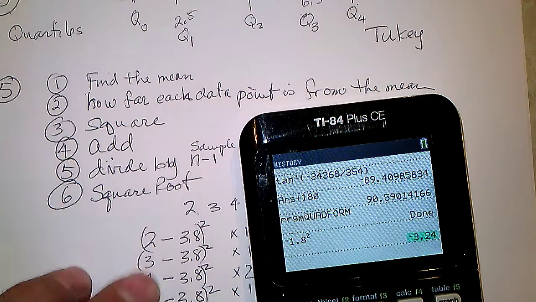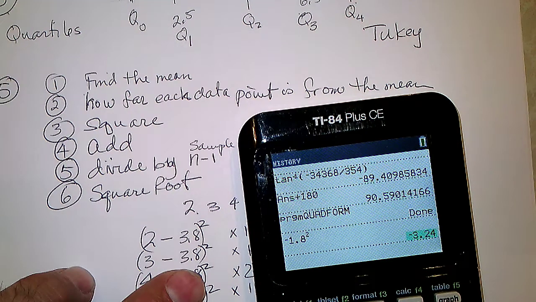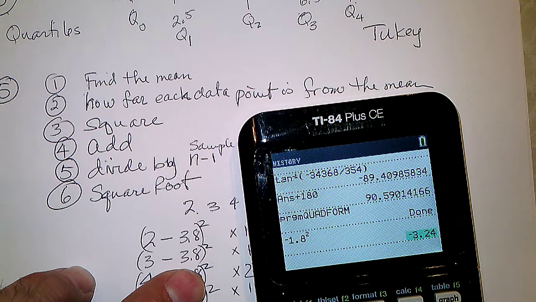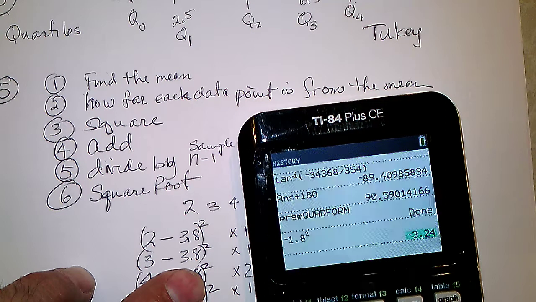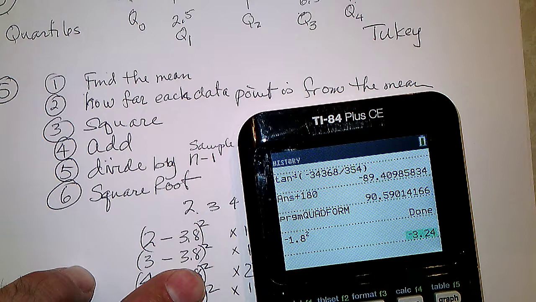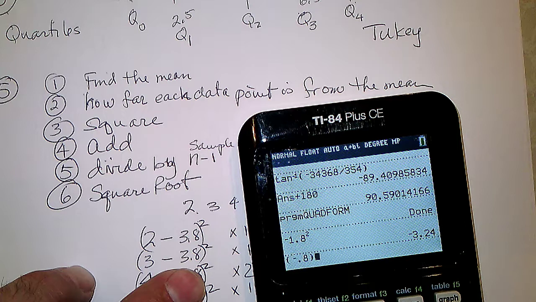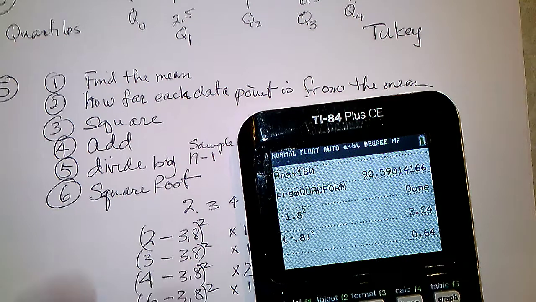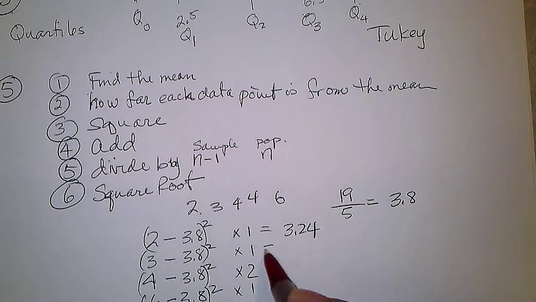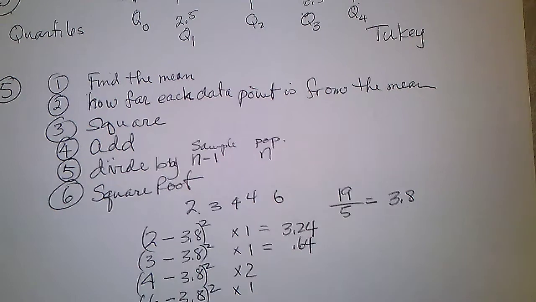Let's do the next one. 3 minus 3.8 is minus 0.8, so I should go parentheses, minus 0.8, close parentheses, squared, is 0.64. I have to take it times 1, but that doesn't change anything.